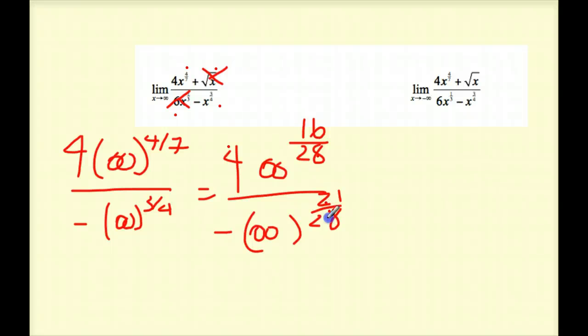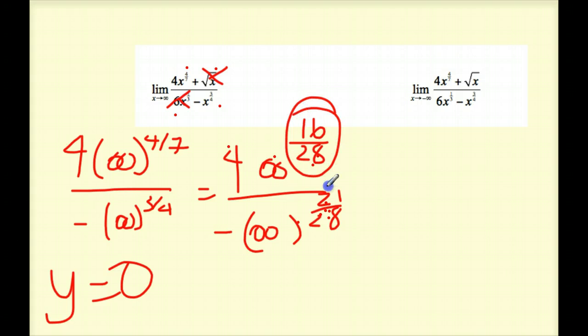Because this gets so much bigger than this one up here, we're going to get a number up top, and this approaches 0, so I get y is equal to 0. So like I said, we're comparing these right here. Since this one is larger, then we know our asymptote's approaching 0.